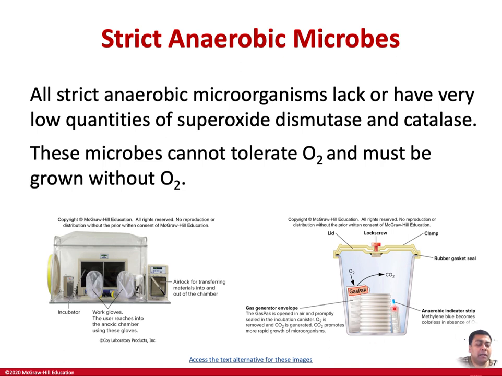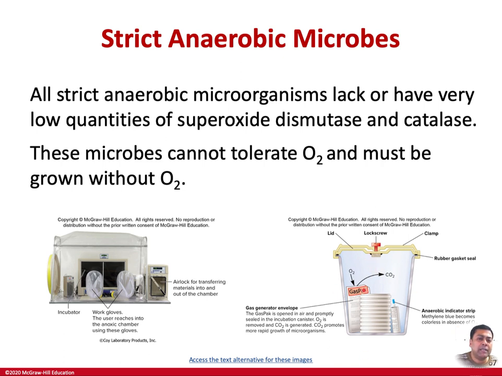indicator, which is methylene blue, and we put this gas pack inside. The envelope generates hydrogen and carbon dioxide, and that will scavenge all the oxygen from this chamber. After we open this gas pack envelope and put it in there, within about 20-30 minutes the whole atmosphere in here is going to be completely anaerobic.